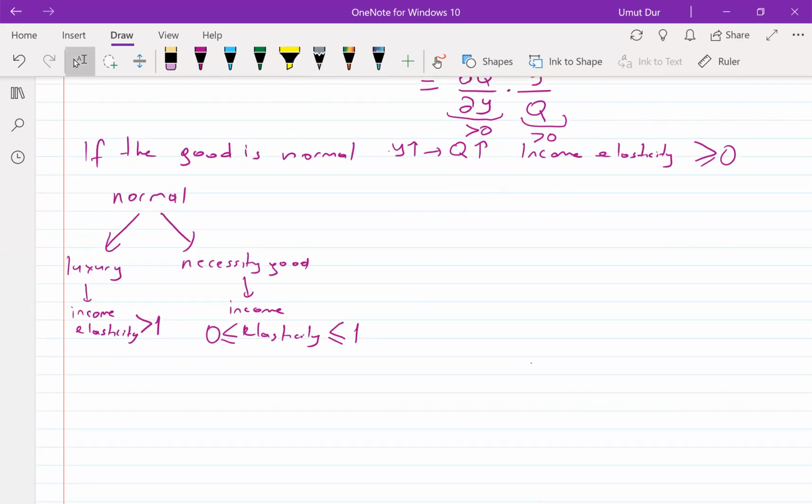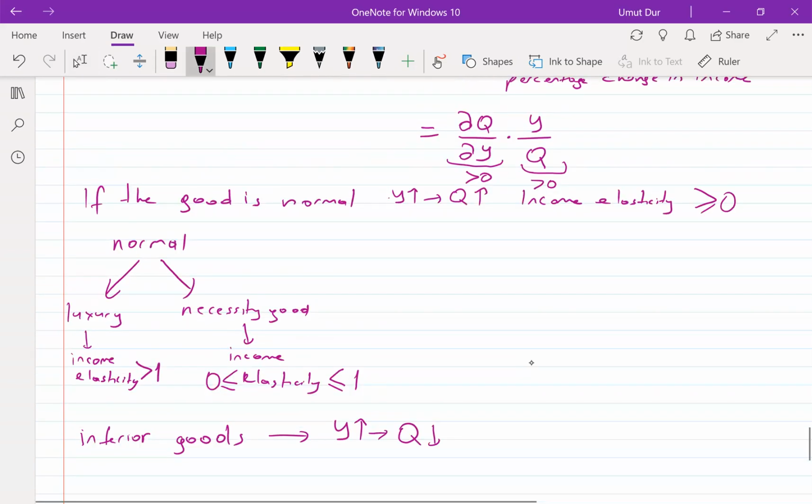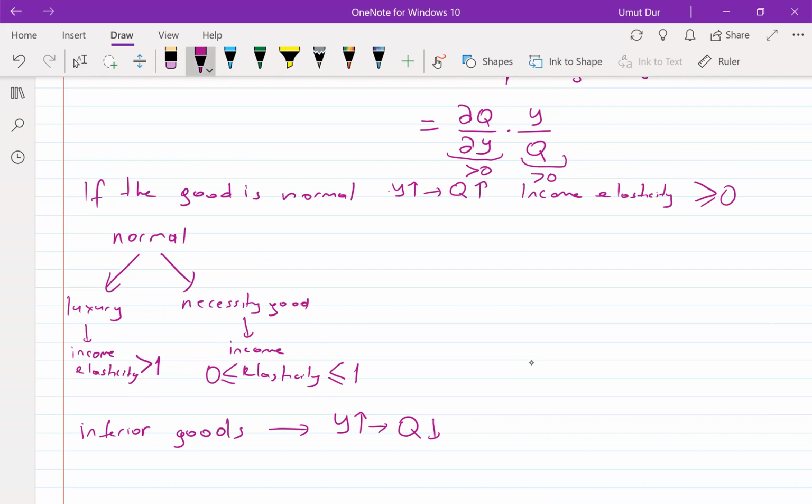The other type of good that we studied in the first class is inferior goods. What we said for the inferior good is that when income increases, the quantity demanded decreases. What will be the income elasticity here? Remember, the income elasticity is the derivative with respect to income times y over q.